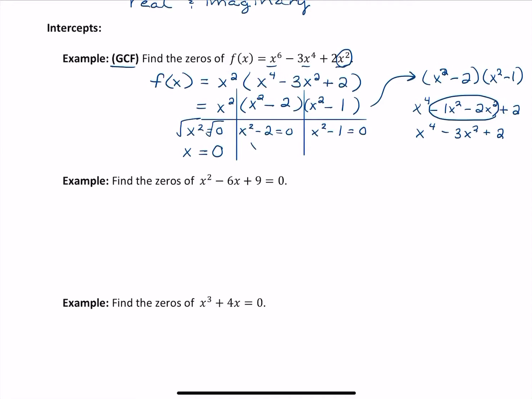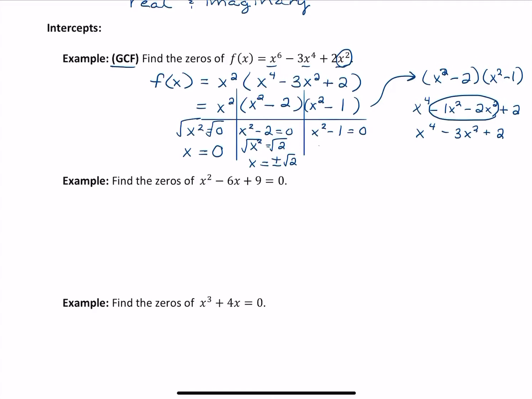Here, when I add 2 to both sides, I get x squared equals 2. And then when you square root both sides, you get x equals plus or minus the square root of 2, and you leave it like that because it's not a perfect square.